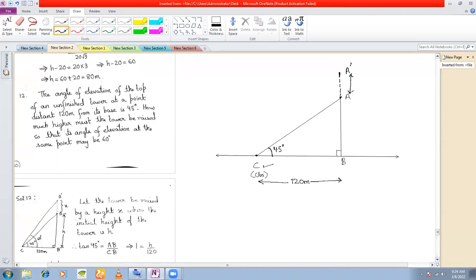Now, how much higher must the tower be raised so that the angle of elevation changes to 60 degrees? So now the observer, when he's observing the higher point, his angle of elevation should be 60 degrees. So how much higher should it be raised?